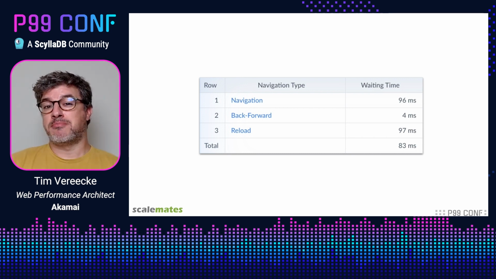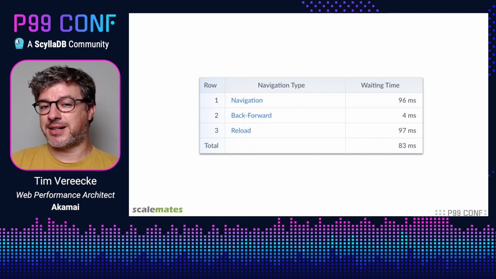And because there are so many of them, this starts skewing your results. So the actual performance is more around 96 milliseconds, while these ultra fast back forward navigations make the P75 an 83 milliseconds. That's the first problem. So it looks better than it actually is.